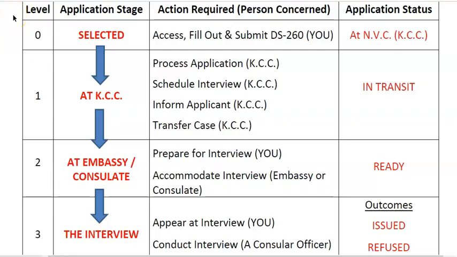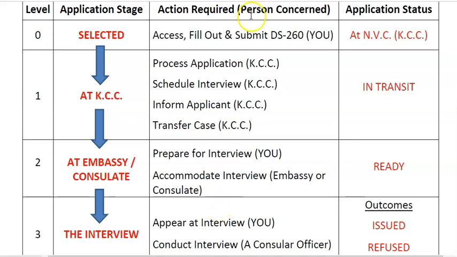Now I have a table on my computer that shows the different diversity visa stages after selection. So let's go over to the computer and consider those stages. This is the table that shows the different diversity visa stages after selection. As you can see in this table, there are several columns, but we will concern ourselves with just two of them in this video. That is this column that shows the different application stages, and then this one that shows the action that is required at each stage.